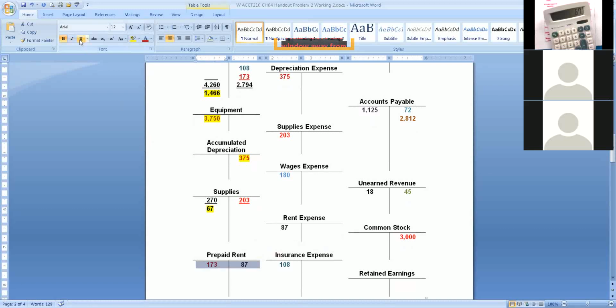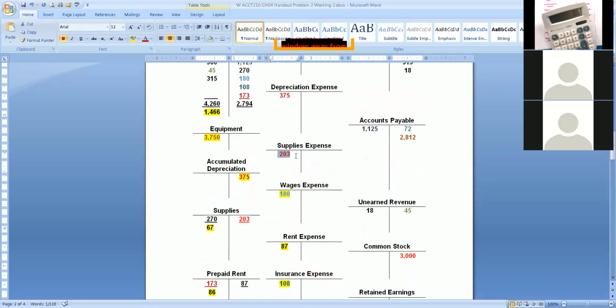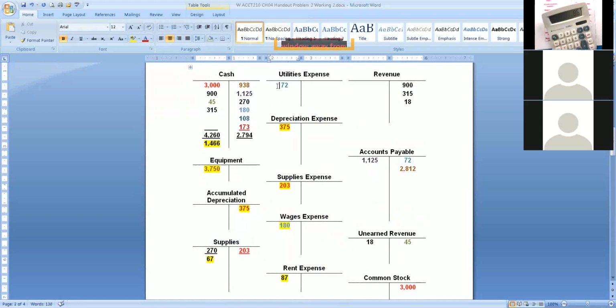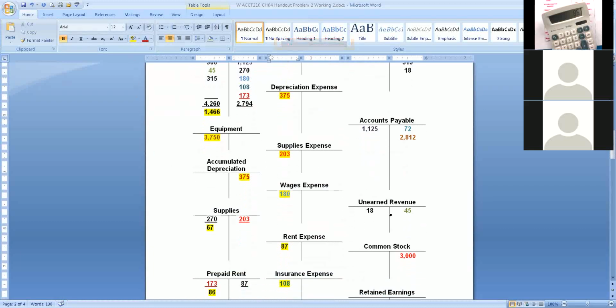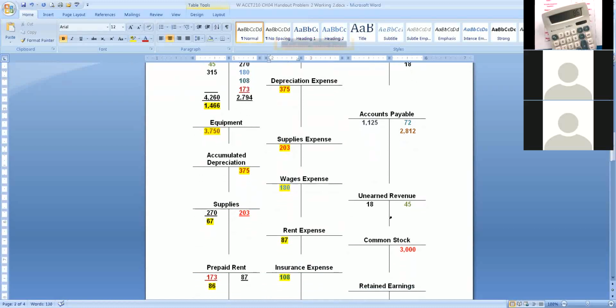Prepaid rent, 173 minus 87, 86. And again, these ones that are just onesies, I'm not going to do too much with those.